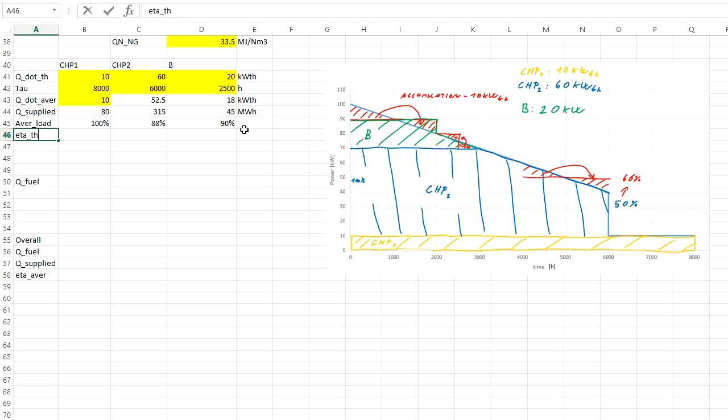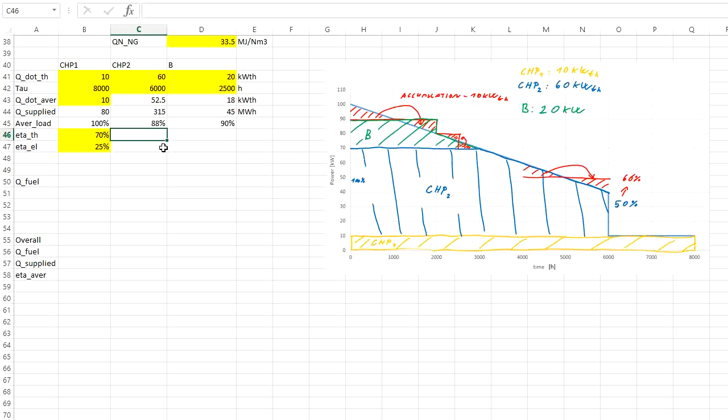Let's call it beta thermal and beta electrical, where for the CHP1, let's say that it's something like a Stirling engine, with 25% of the average electrical efficiency and maybe 70% of the average thermal efficiency.